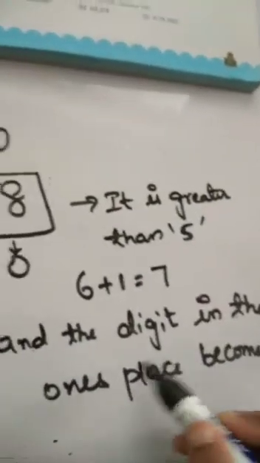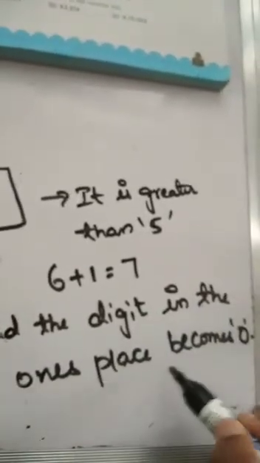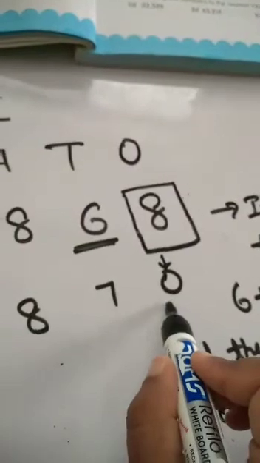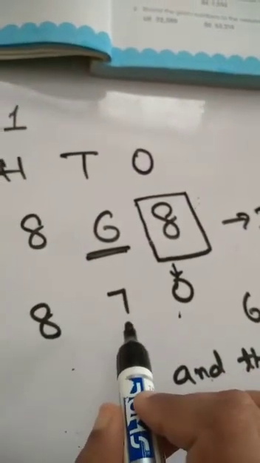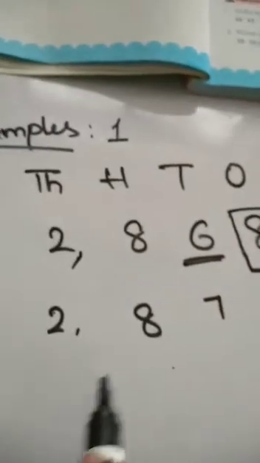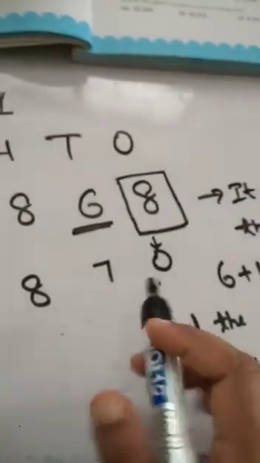If it is less than 5, the digit in the tens place does not change, and the digit in the ones place is already 0. So this is the first example we have taken.